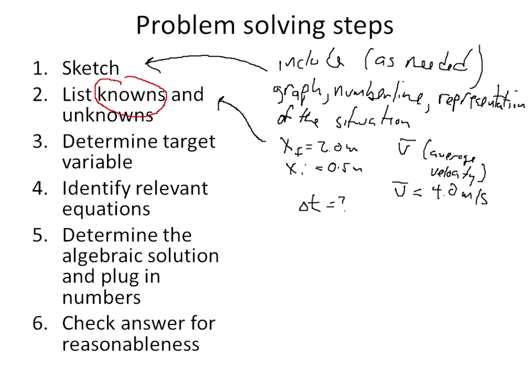So our knowns are what I actually have a value for. Our unknowns are that which I don't have a value for.